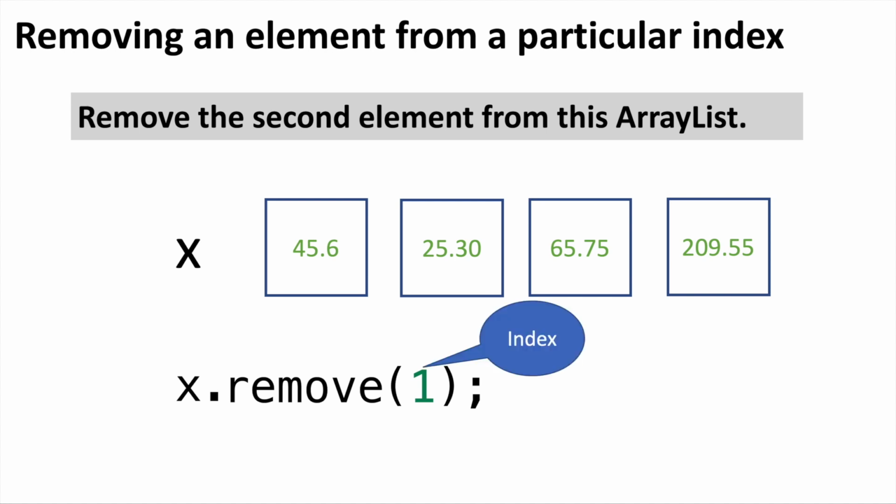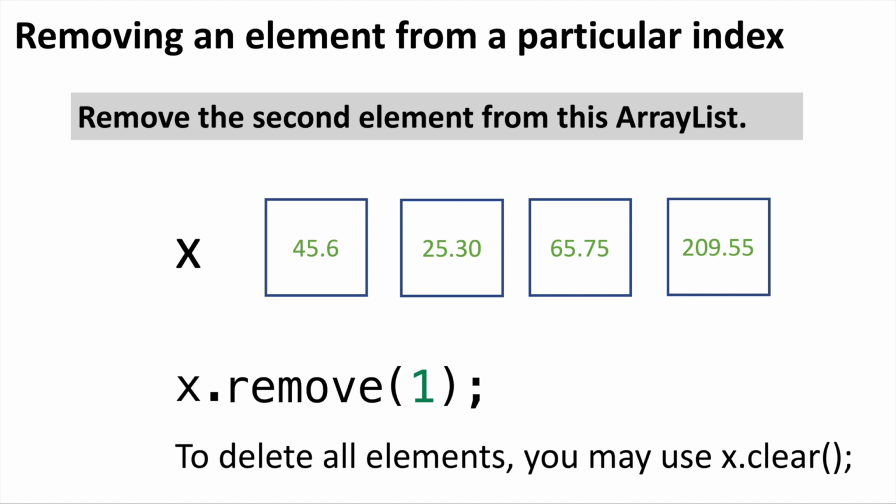Okay, and that will do what you want. Now, if you want to delete everything in that array, you could have used x.clear with open and close brackets, and that will delete all the elements in your array list, and your array list will stay, but it will stay empty.